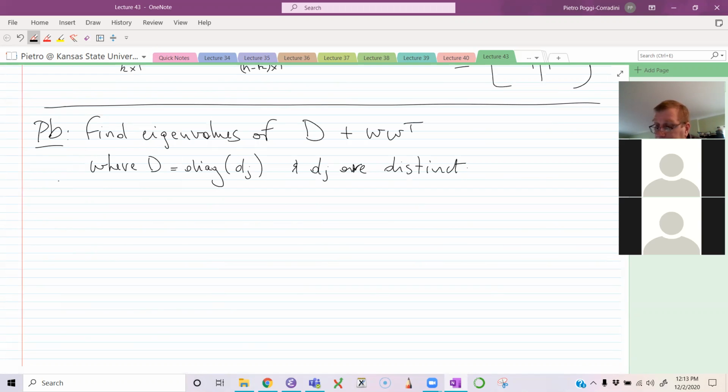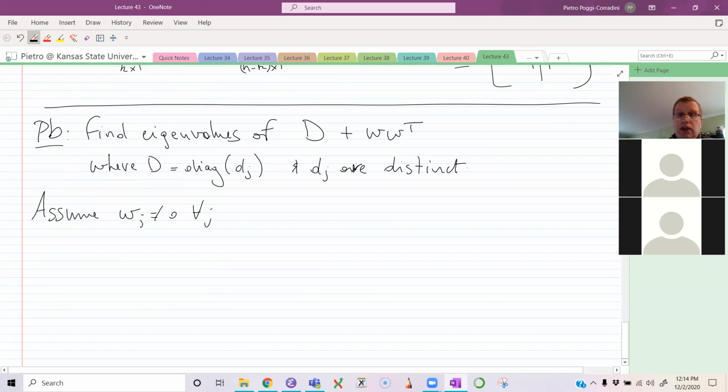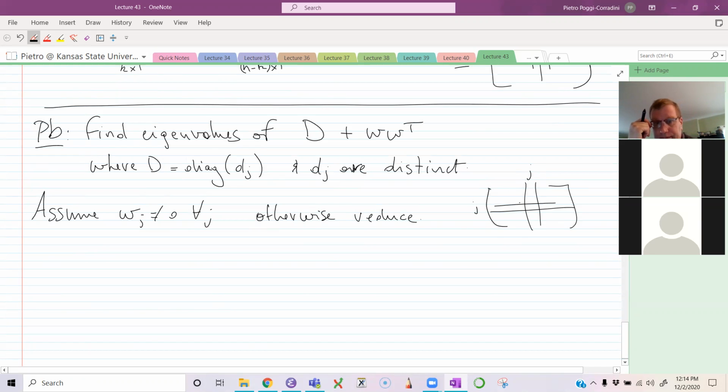So first of all, assume that all of the entries of w are non-zero. Because otherwise you can reduce, right? In the outer product, if w_j is 0, you're going to get zeros in both the row j and the column j.